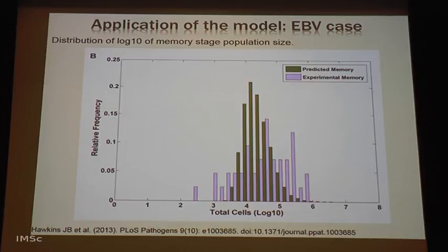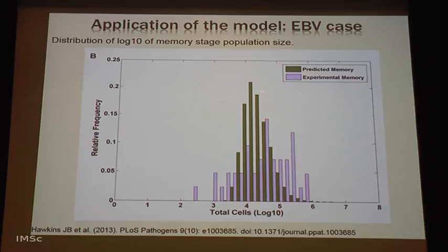So for all those randomly extracted parameter values, what is the distribution of sizes of the memory stage population that we get? That is what is here in green. This is the predicted size of the memory compartment. We get this green distribution here.